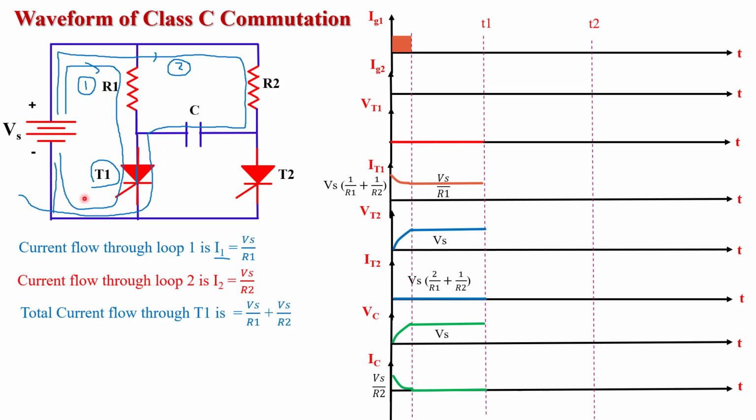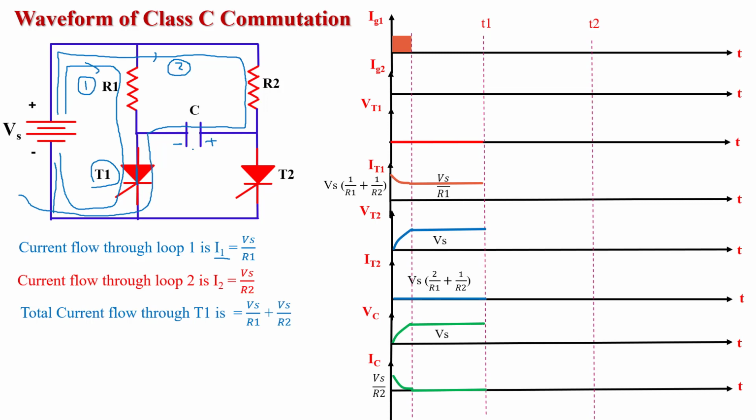Now, after that, what will happen? Here we see in the circuit diagram, when current flows through loop 2, through the R2 resistor, the capacitor starts charging with polarity: this terminal is positive and this terminal is negative. When the capacitor starts charging, the current flowing through loop 2 starts decreasing.